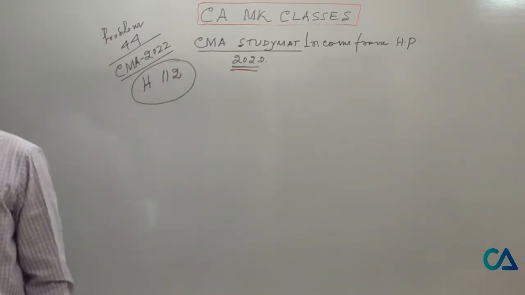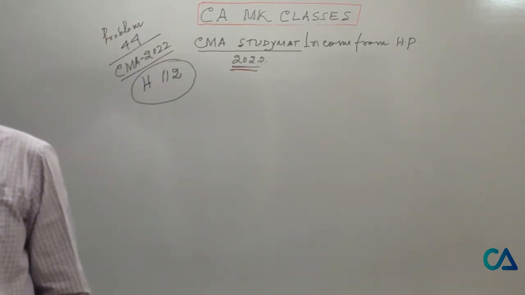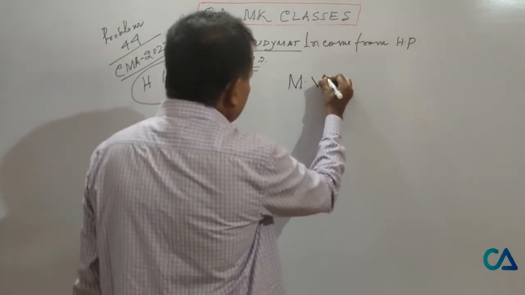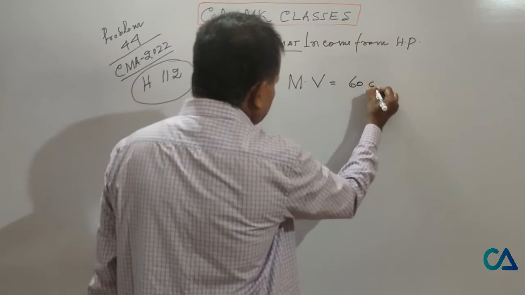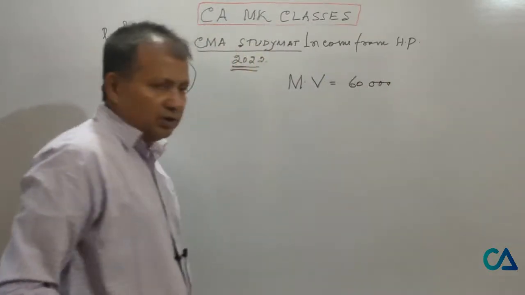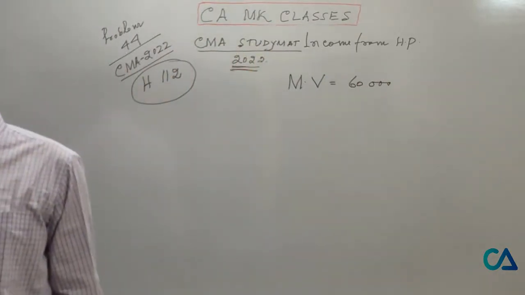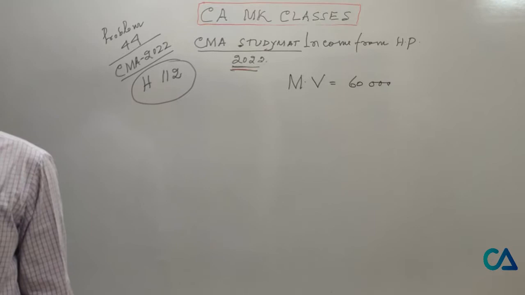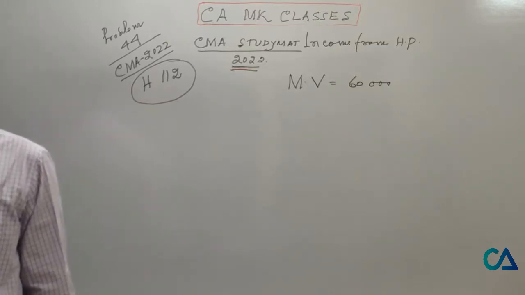In house number 112, municipal value is given as 60,000. Fair rent is 70,000.